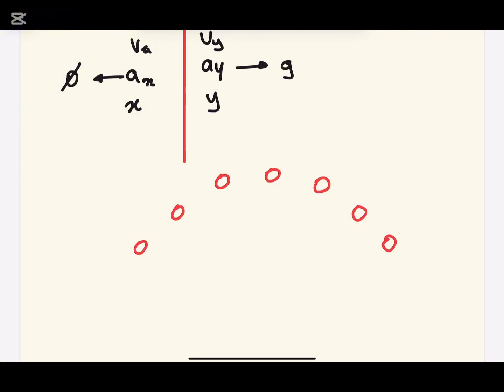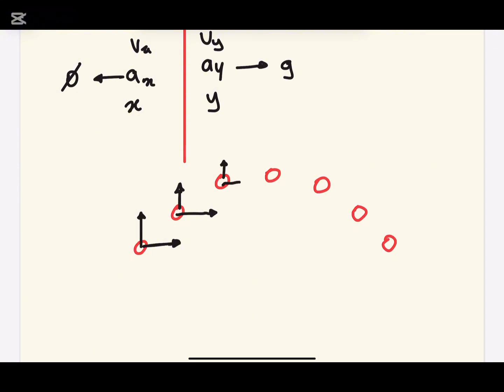What we get are the velocities of the vertical and the horizontal components.